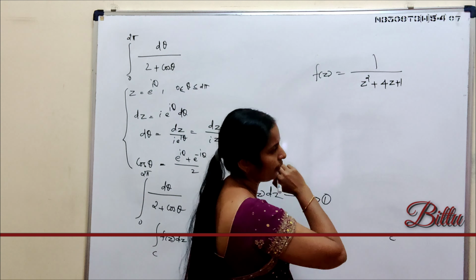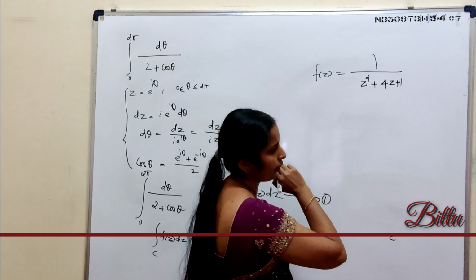So z equal to minus b plus or minus root b square minus 4ac by 2a. That is minus 4 plus or minus root 12, that is 2 root 3, by 2. That is minus 2, 2 will cancel from each term. Minus 2 plus or minus root 3. Here our singularities are minus 2 plus root 3 and minus 2 minus root 3.